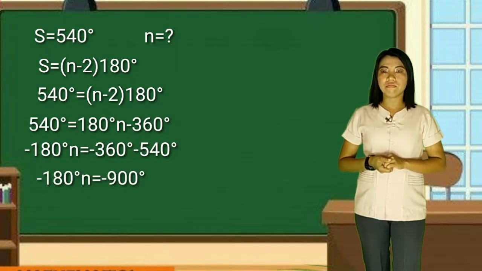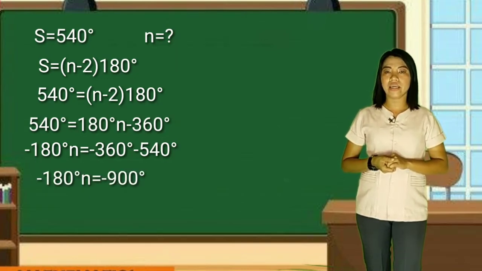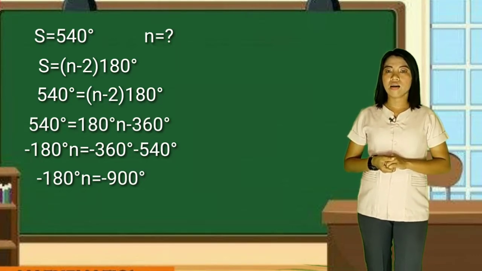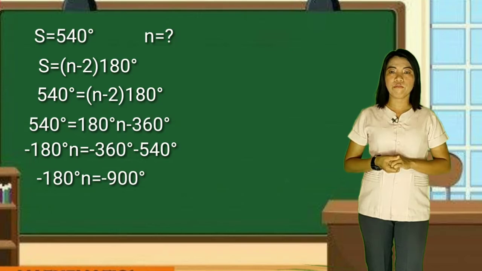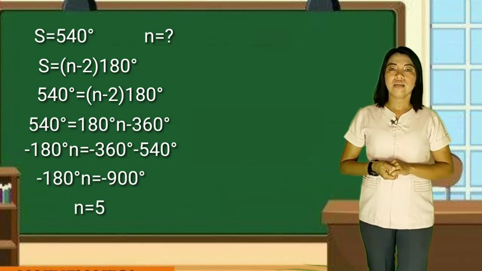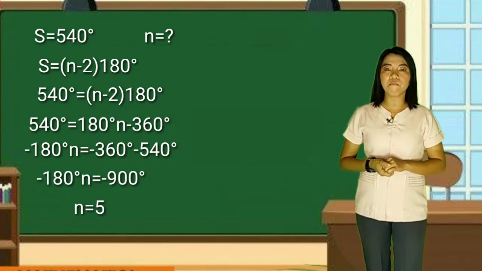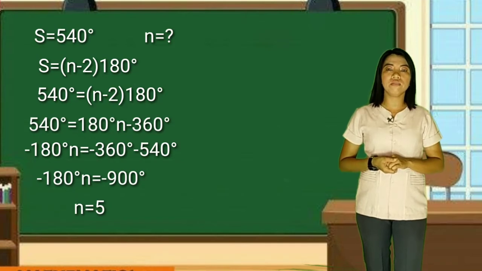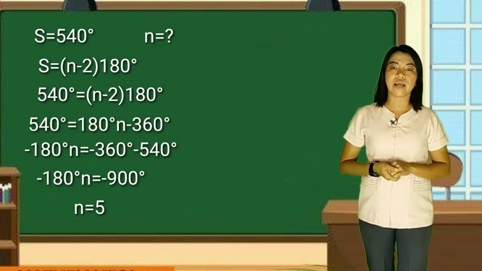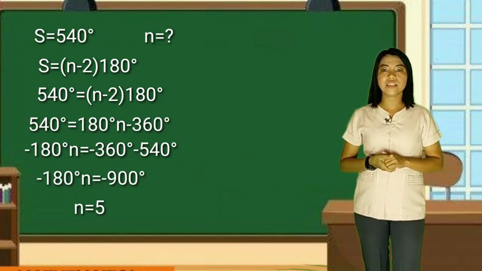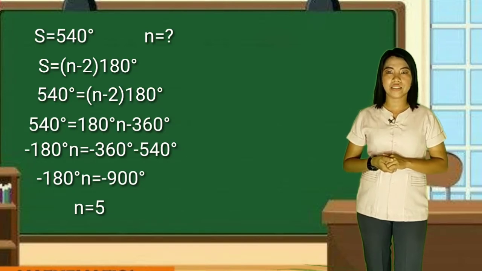So we have negative 180n is equal to negative 900. Okay, so your n is equal to 5. Since we solve for n, which is the number of sides, it's not necessary for you to write the degree sign because we refer to the number of sides.